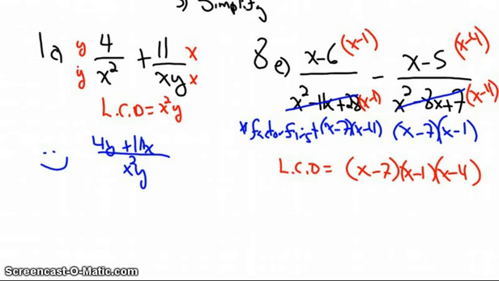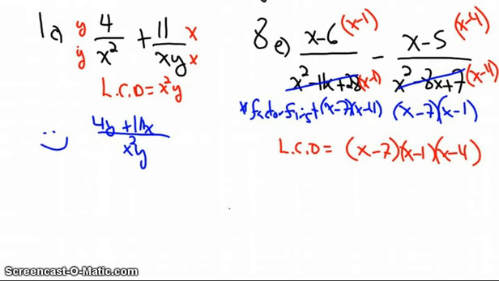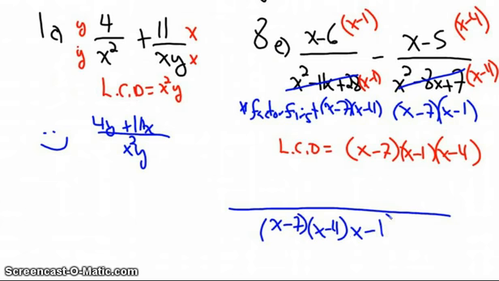And so now what have you created? x minus 7, x minus 4, and x minus 1, x minus 7, x minus 1, x minus 4. Yay! So you have a lowest common denominator now. And now you don't have to write it twice. x minus 7, x minus 4, and x minus 1. Now the only trick is that you really have to watch.